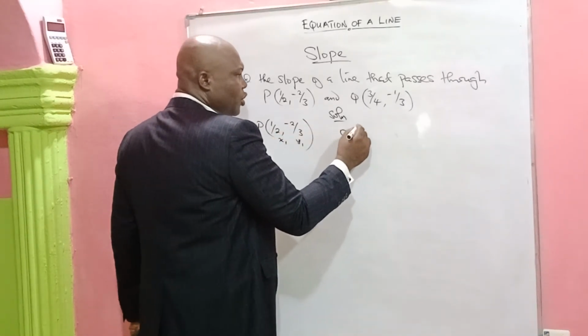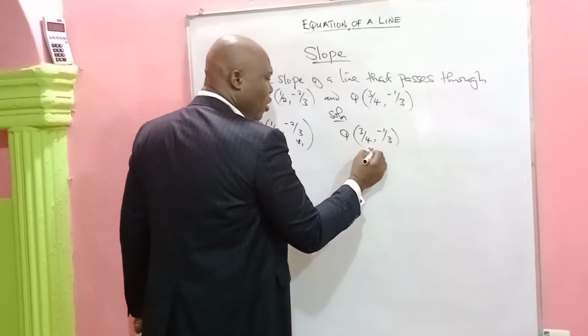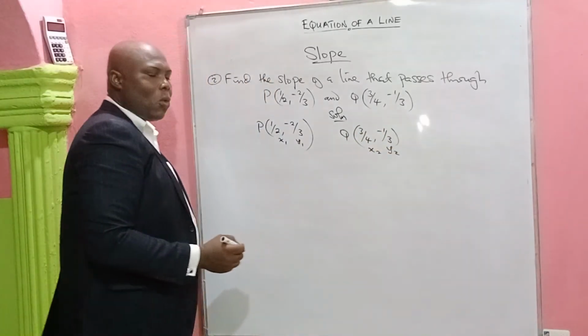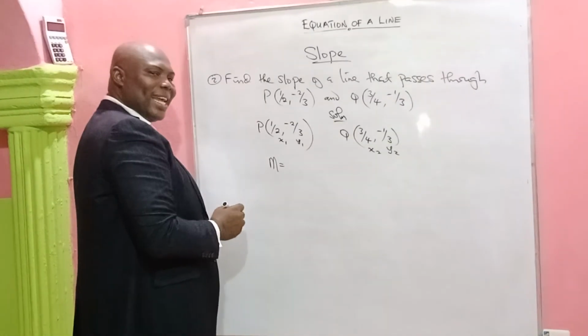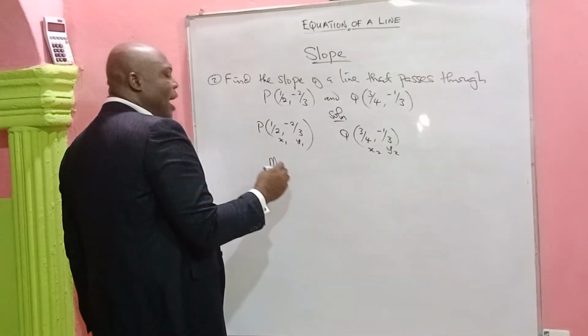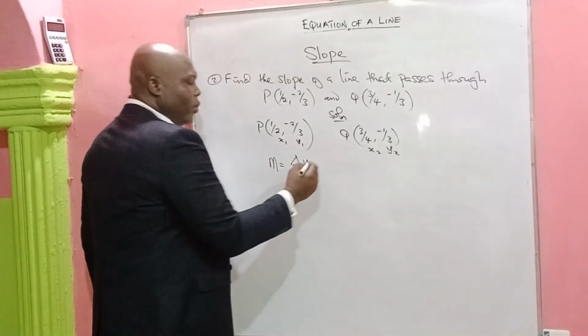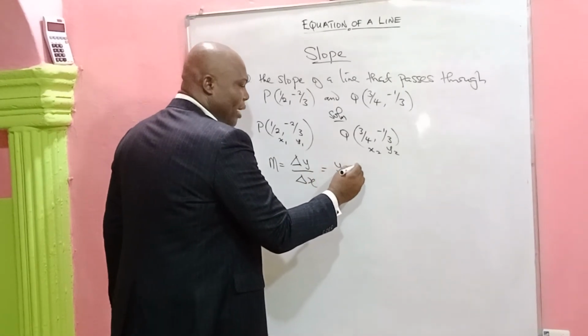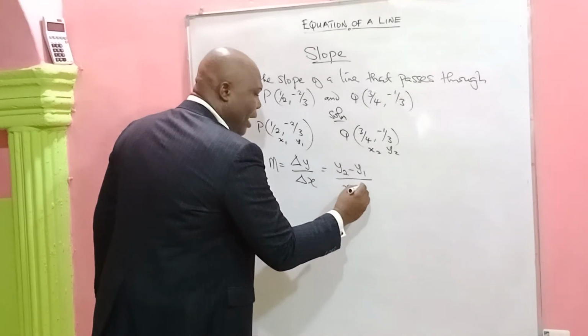And the point Q, which is 3 over 4 and minus 1 all over 3, is your x2 and y2. And of course, the gradient of the line, which is the slope or the steepness of that line, is given as change in y-axis all over change in x-axis. The change in y-axis is y2 minus y1, all over the change in the x-axis, x2 minus x1.